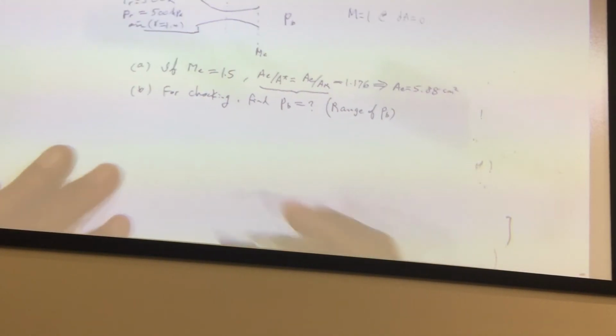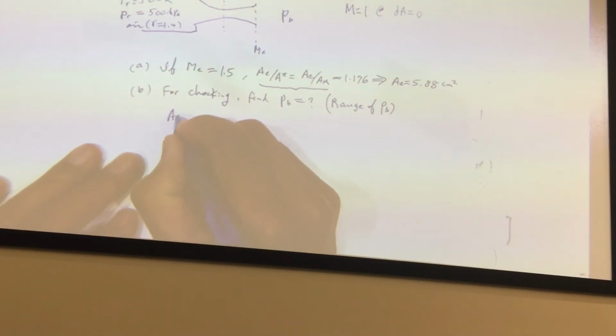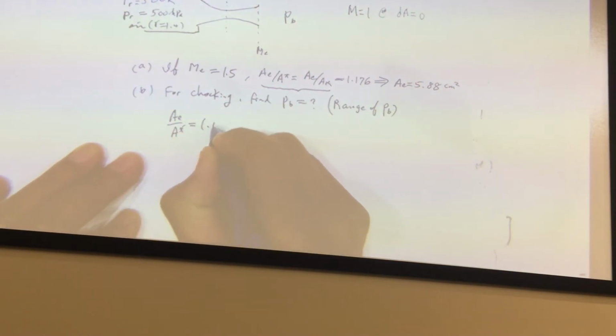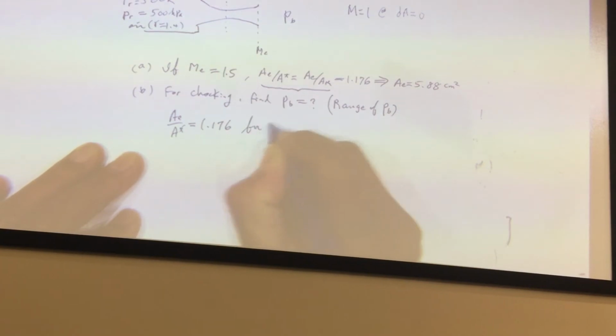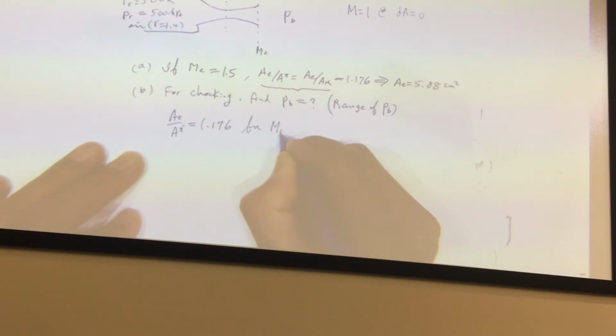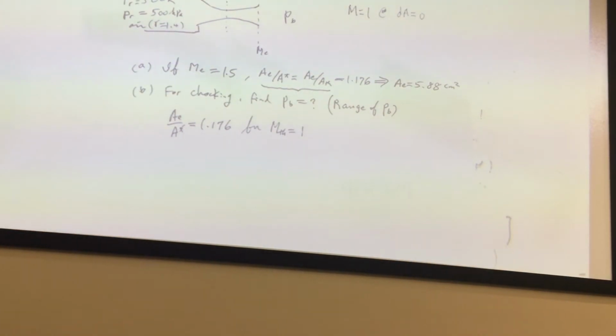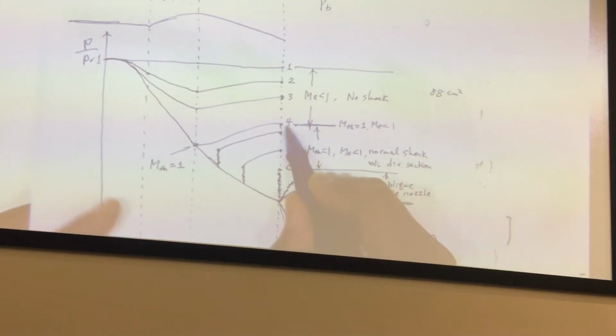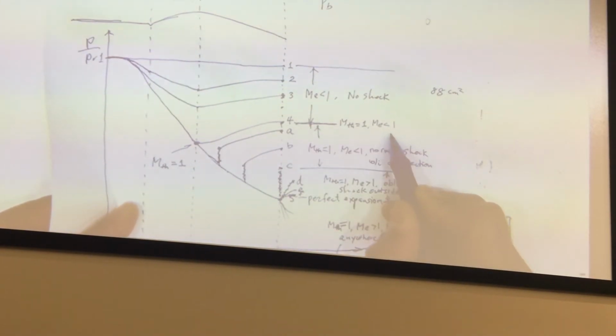Now remember, your Ae over A star is equal to 1.176 for Mach equal to 1, right? So we are repeating what we already know from part A. Now, if this is the case, remember, this point still gives you a subsonic exit.